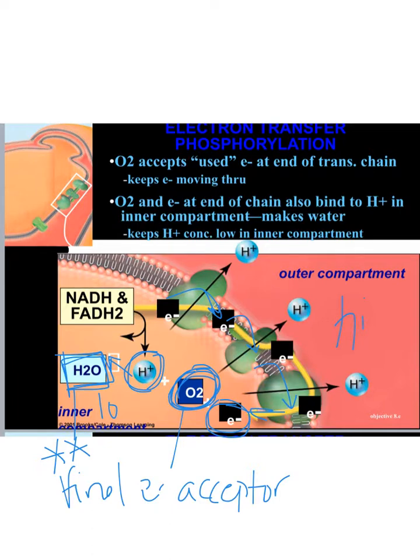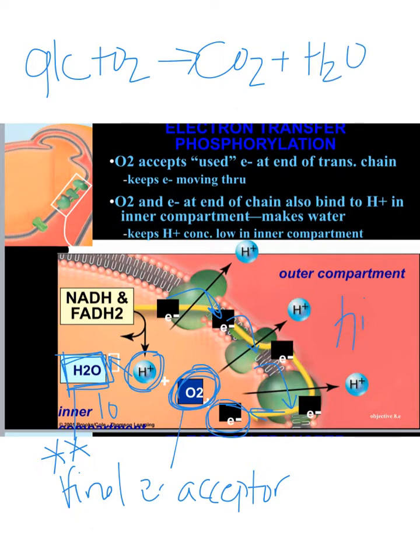So remember, when we take glucose and break those things down, plus oxygen, because we're aerobic respirators, we're going to make CO2 and water. So we've been making CO2 all this time in the citric acid cycle and in the prep step, and now we've made water. So here is our product of water that we get here in the electron transport phosphorylation.